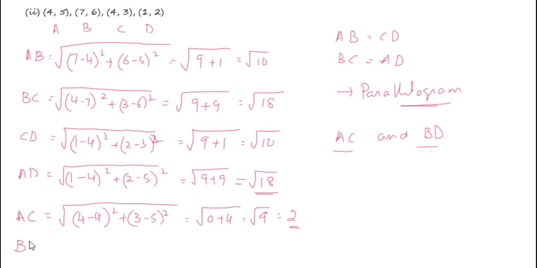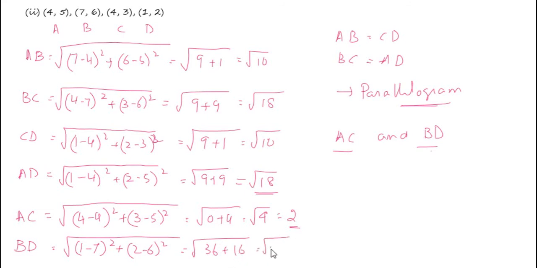Now BD. B is x1 y1, D is x2 y2. So BD is square root of 1 minus 7 whole square, plus 2 minus 6 whole square. 1 minus 7 is minus 6, whole square is 36, plus 2 minus 6 is minus 4, whole square is 16.